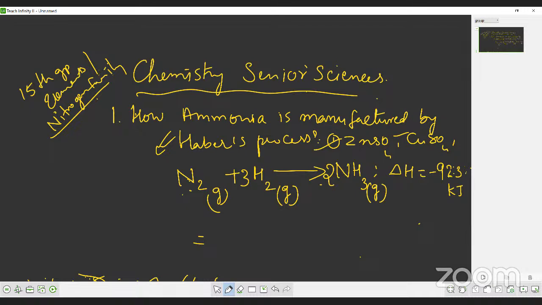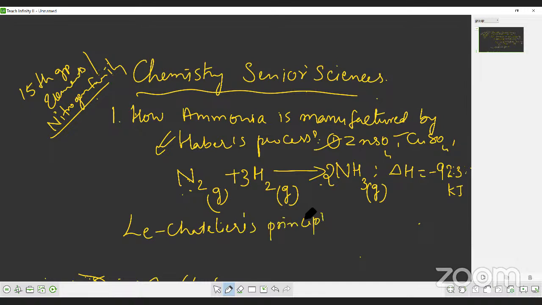What are the conditions for preparation of ammonia? How will you come to know the conditions? For this, we can apply Le-Chatelier's principle. You are aware of Le-Chatelier's principle because we have already studied this in the first year.